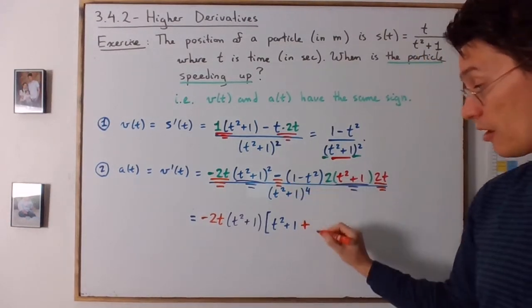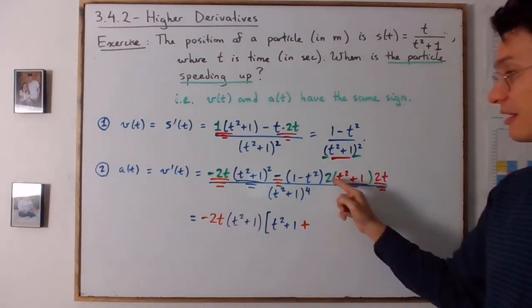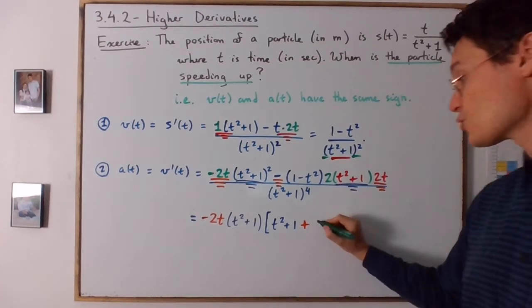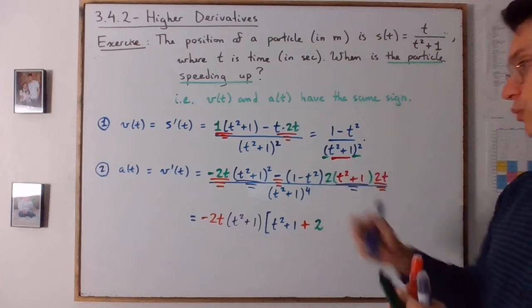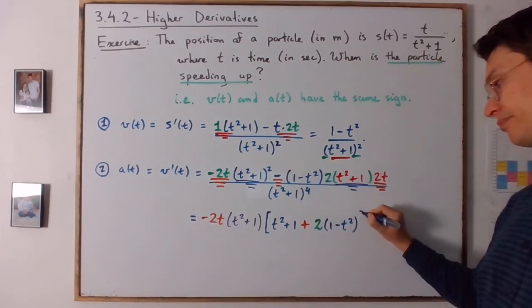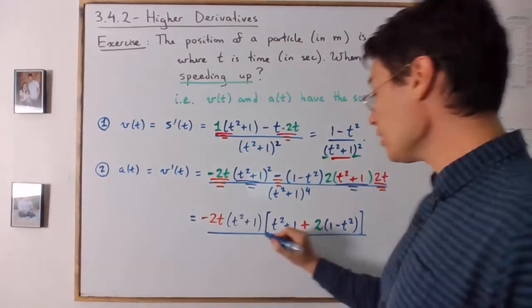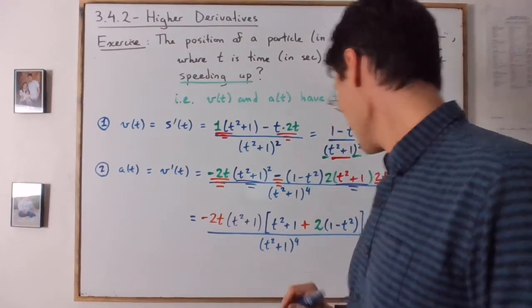I'm going to keep the color code just for you to keep your eye on the ball. Now, what's left out of this? The 2 is left. So this green 2 that I'm going to keep the color code on, multiplied with the 1 minus t squared. Now, all of this is divided by t squared plus 1 to the power of 4.